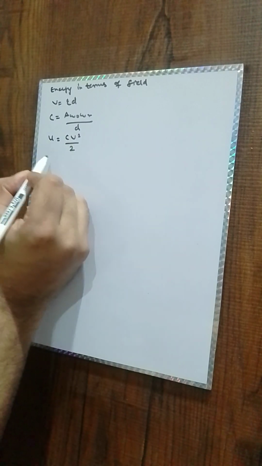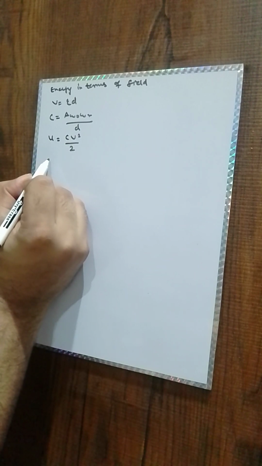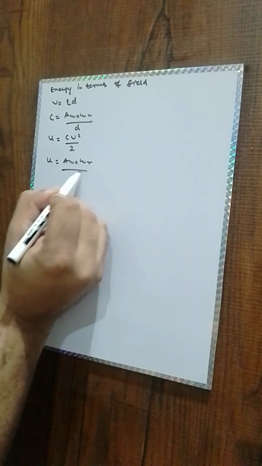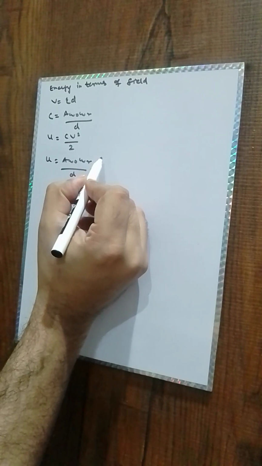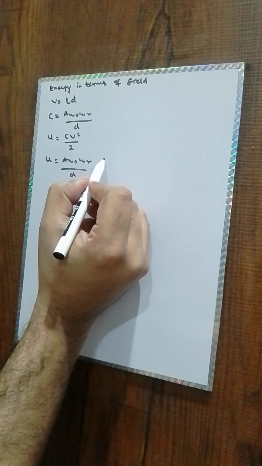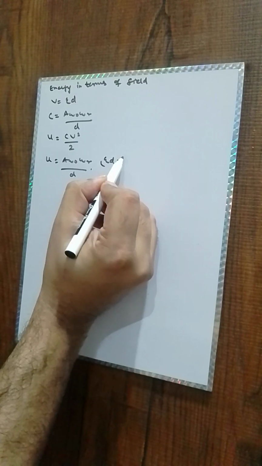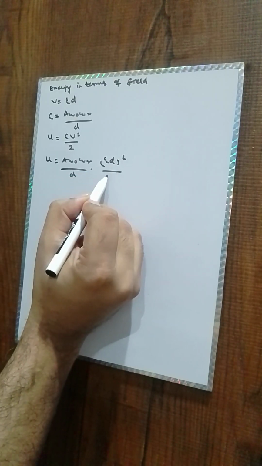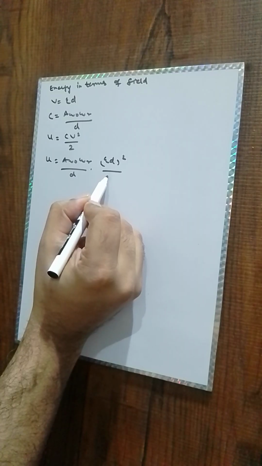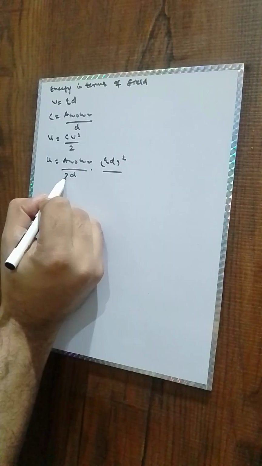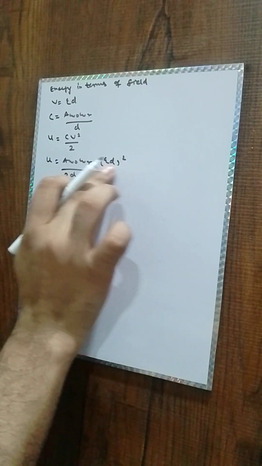CV square by 2, and U becomes A epsilon naught epsilon R by D times ED square by 2.